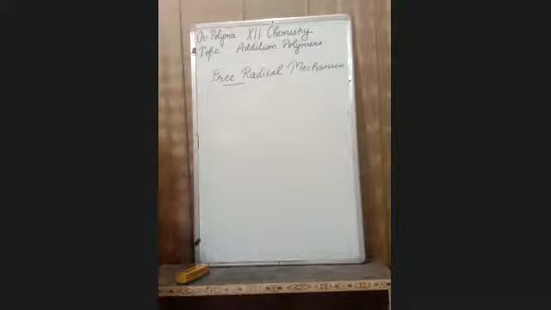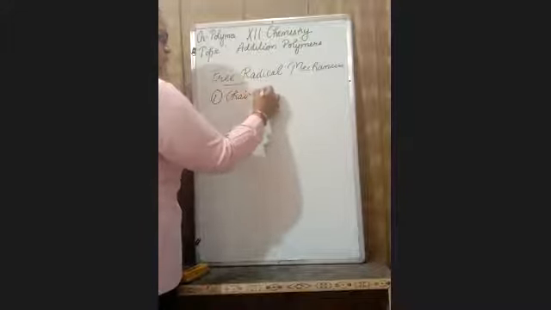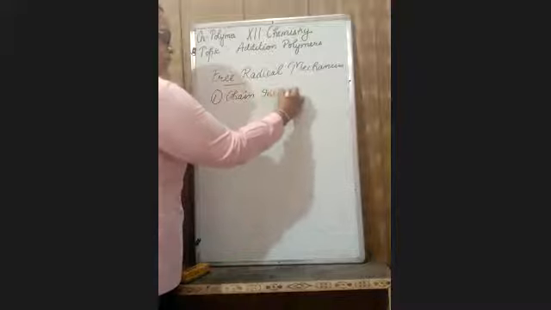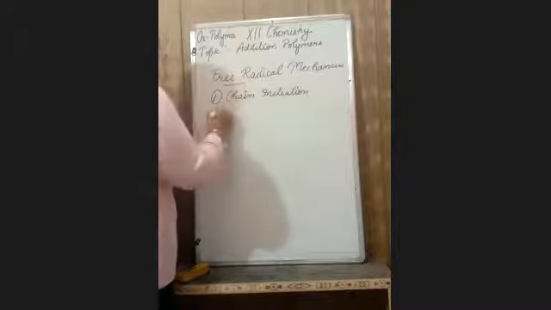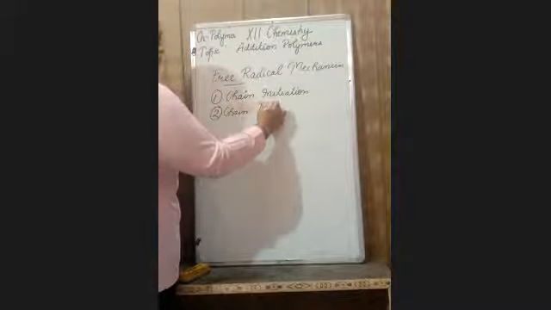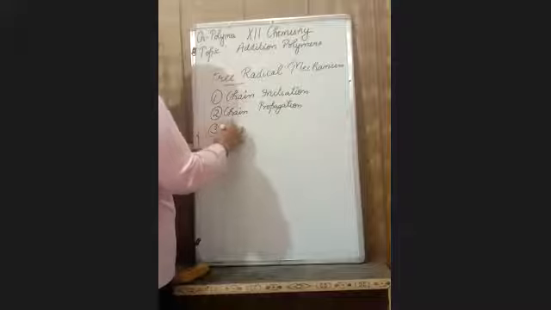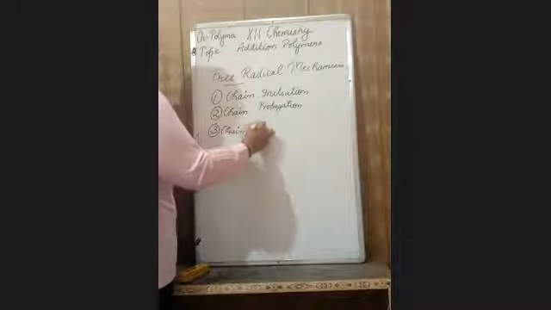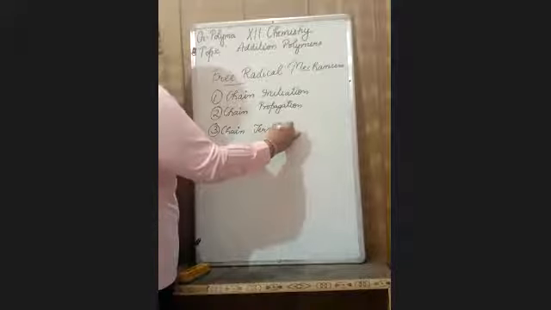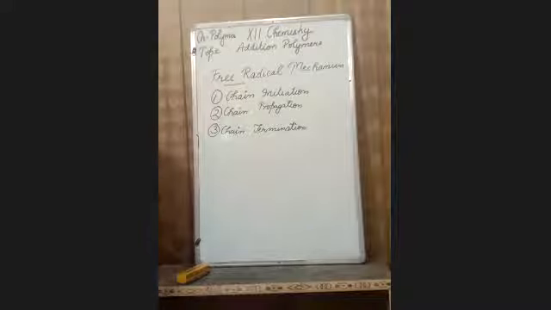In addition reactions, the free radical mechanism follows 3 steps: first chain initiation, second chain propagation, and third chain termination.